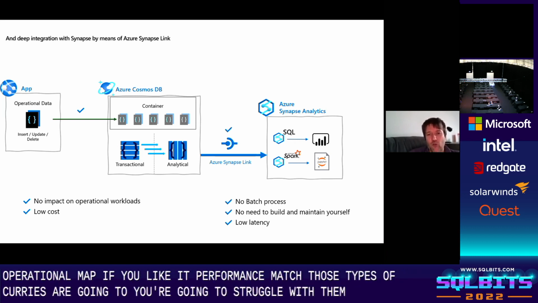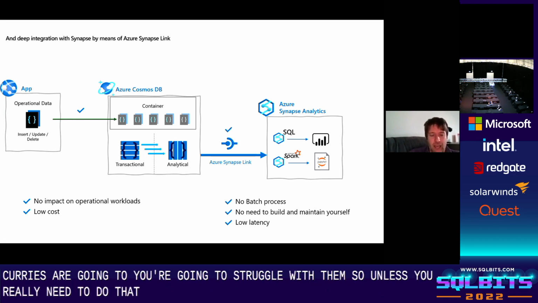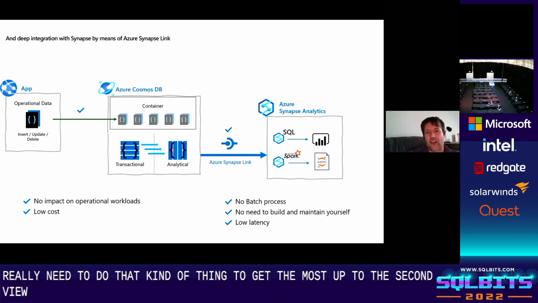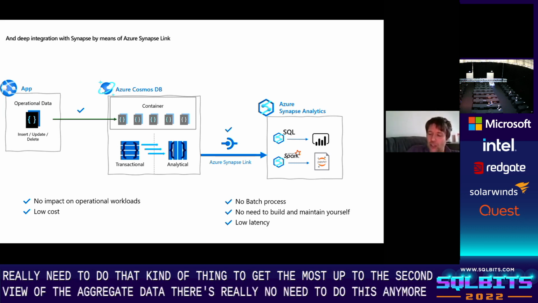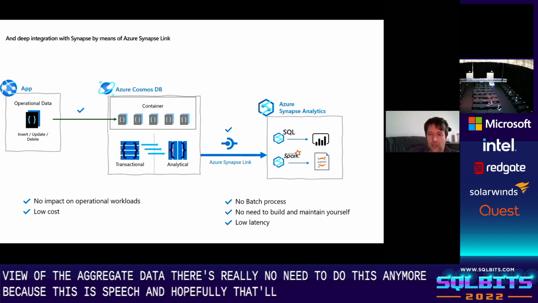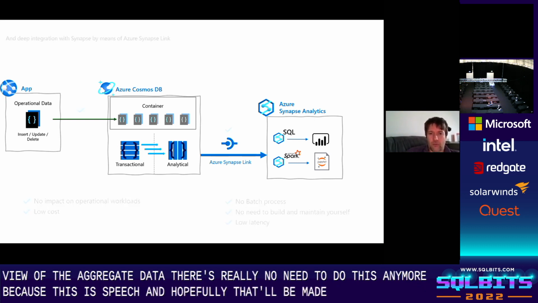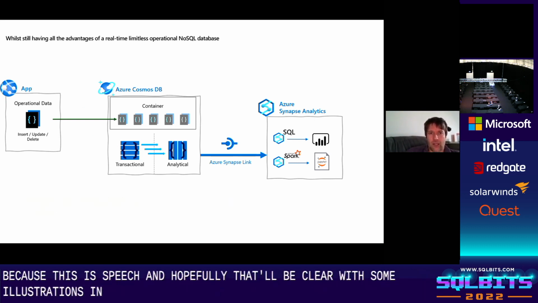So unless you really need to get the most up to the second view of the aggregate data, there's really no need to do this anymore, because there's this feature, and hopefully that will be made clear with some illustrations and a little demo later on.